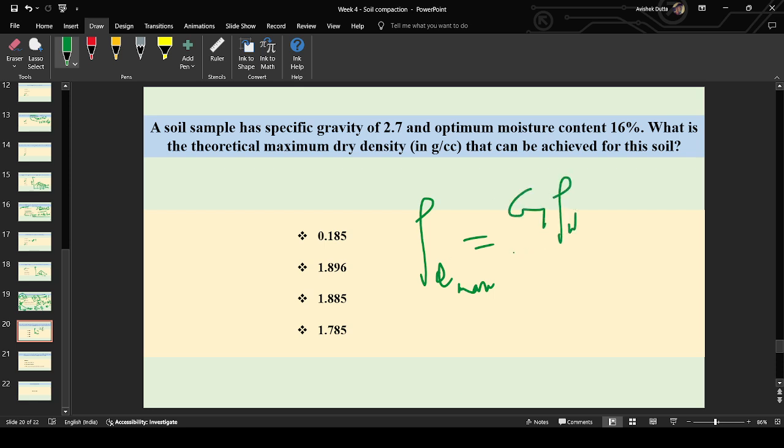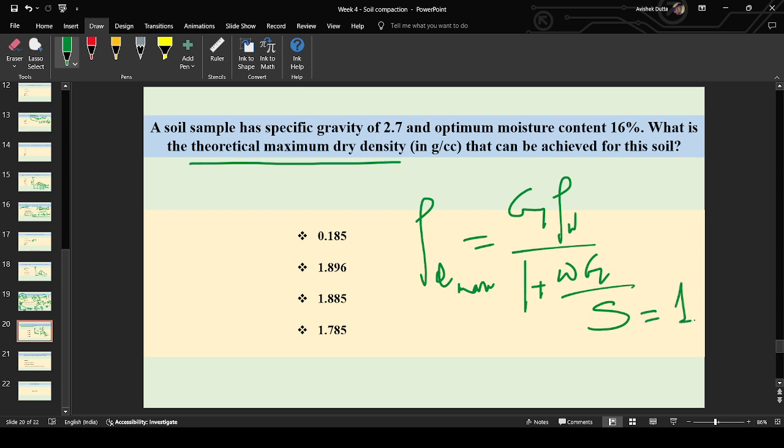I'll just solve it. This is the formula: rho d max equals G rho w divided by 1 plus wG by S. Now for the theoretical maximum dry density, what do we take? S equals 1, saturation equals 1, moisture content 16%. The soil is fully saturated; that level of compaction we are trying to achieve.